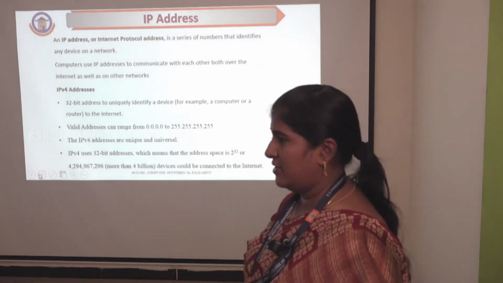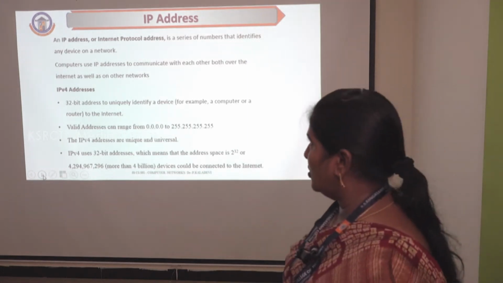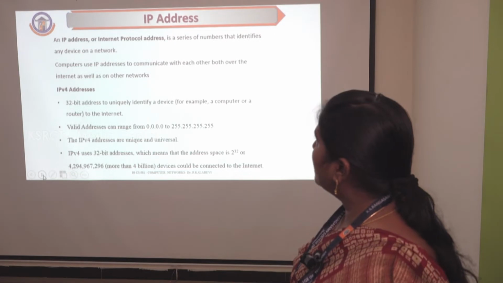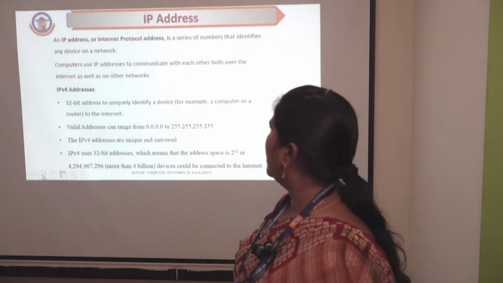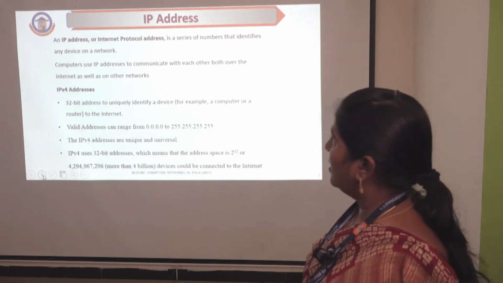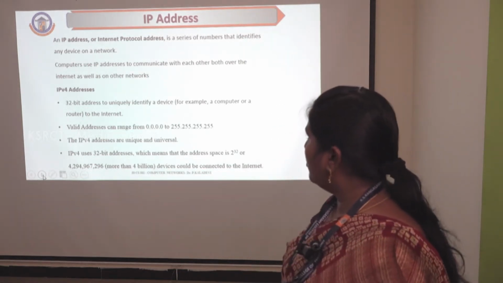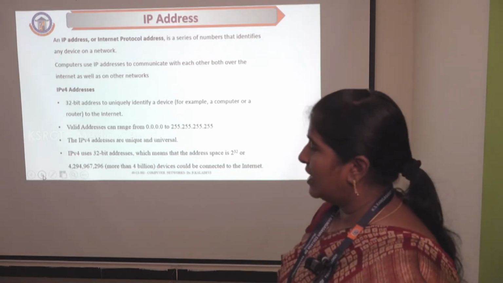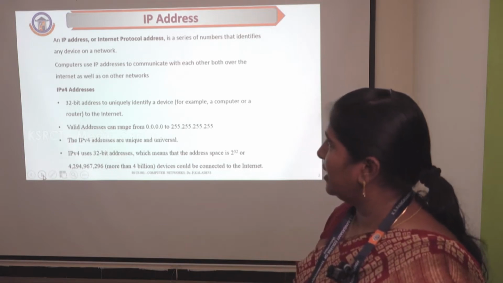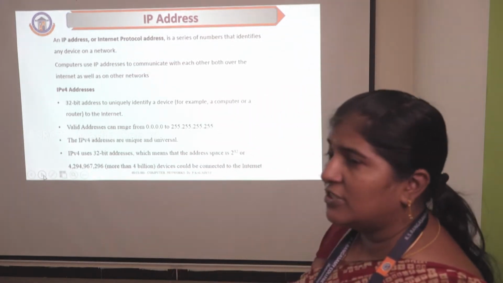An IP address, or Internet Protocol address, is also called a logical address, which is a series of numbers that identify any device in a computer network uniquely. So computers use IP addresses to communicate with one another through the internet as well as through other networks. An IP address is 32 bits long.